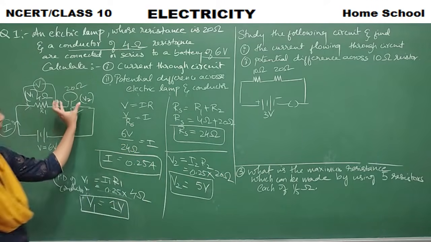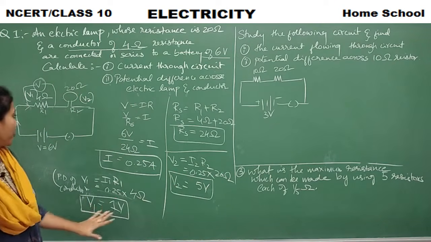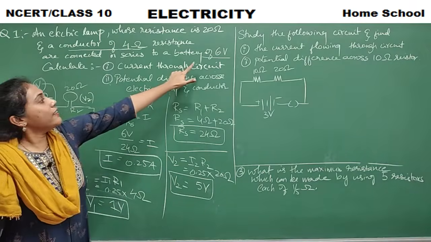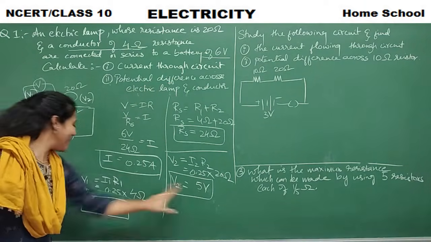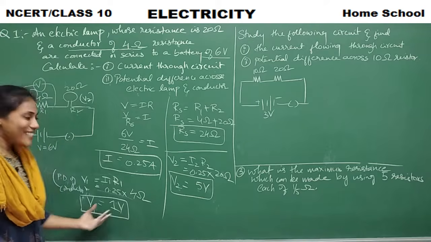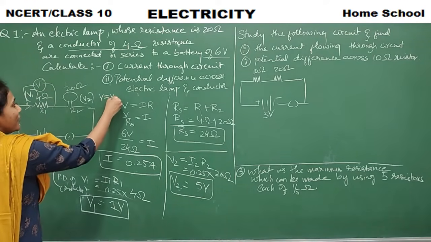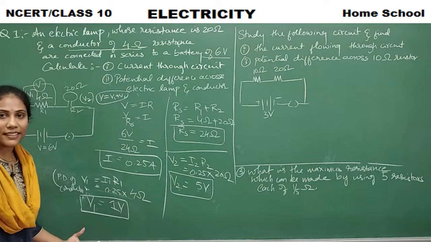That is, the potential difference across the lamp is how much? 5 volts. You can observe one thing here. What is the total voltage given? 6 volts. See, add V1 plus V2, 5 plus 1, 6. Right? In a series, what is the main thing? V is equal to V1 plus V2, right? It is satisfied. You can cross check your answer like this also.